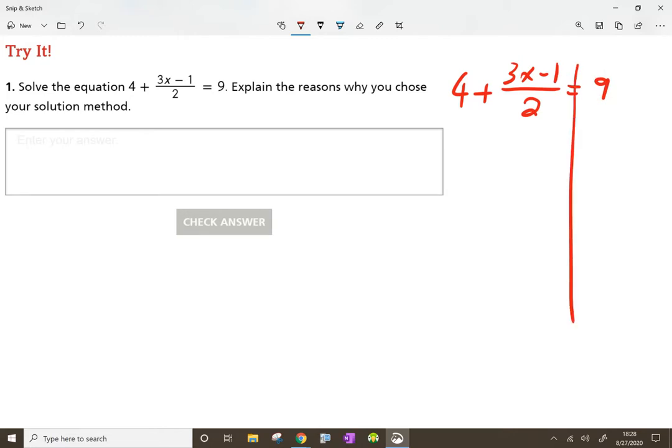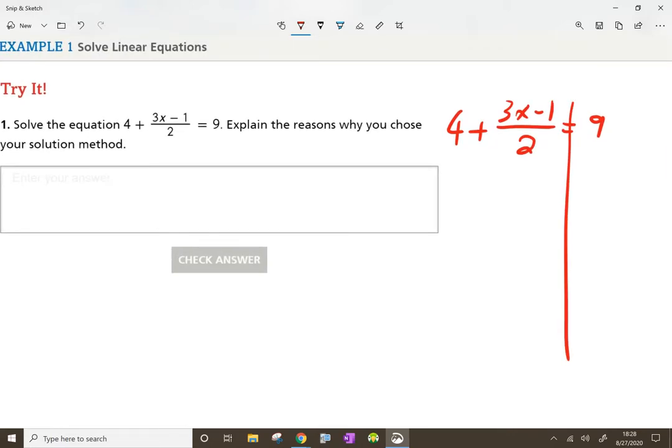All right. So we have to think about what we're going to get rid of first. Now, if you remember the order of operations, backwards is what we're looking for. We want anything being added or subtracted to the group. So the x, as you can see, is part of the second term.